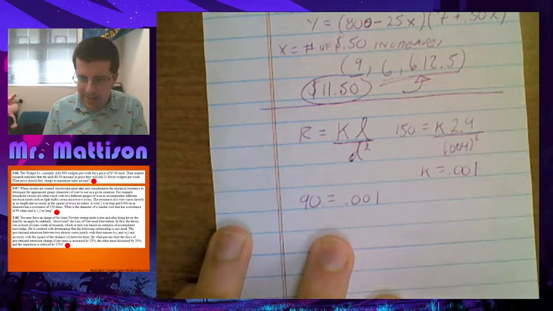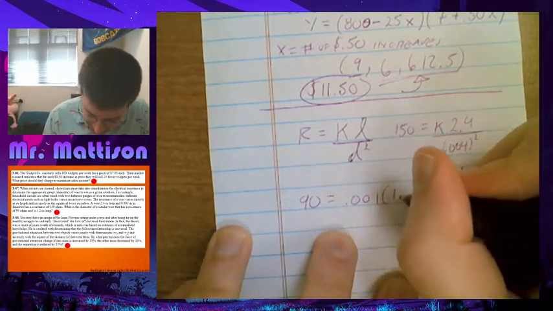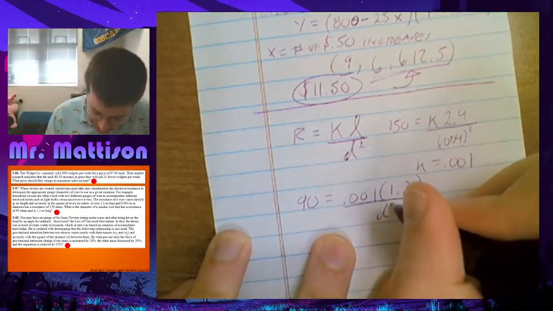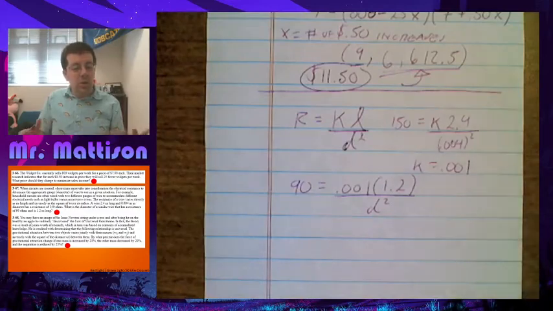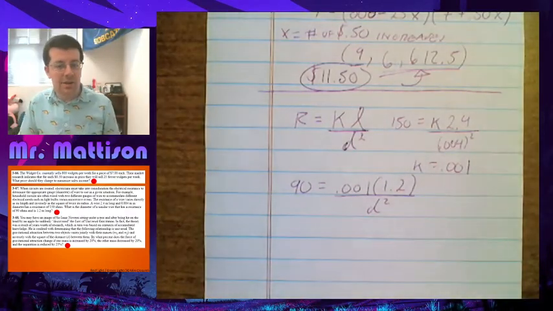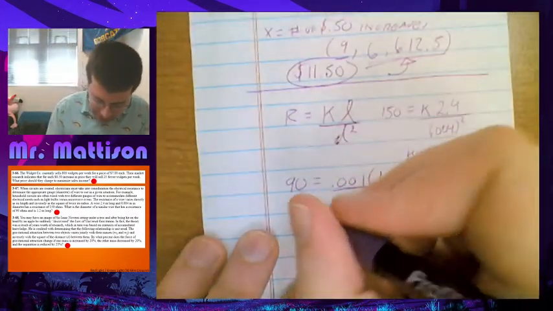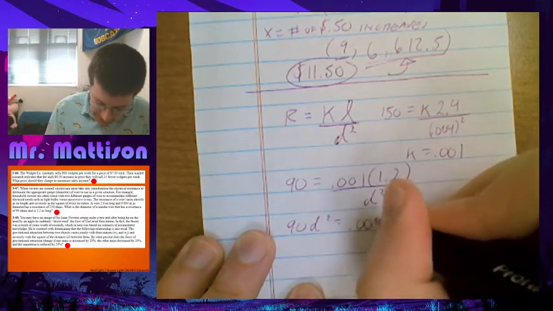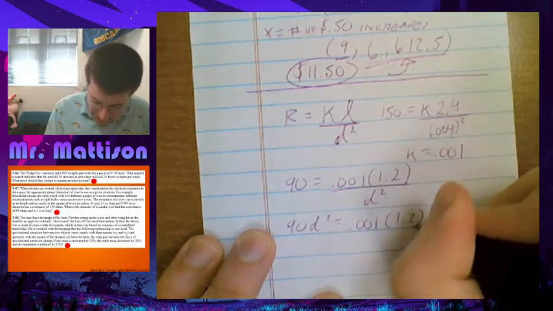My length has to be 1.2 meters. What I don't know is what the diameter has to be. So now I have an equation with only d as my variable, so I can solve for it. I'm going to multiply both sides by d squared: 90 d squared equals 0.001 times 1.2.